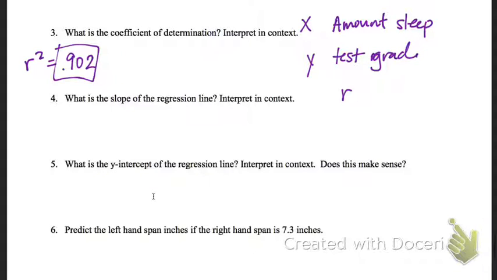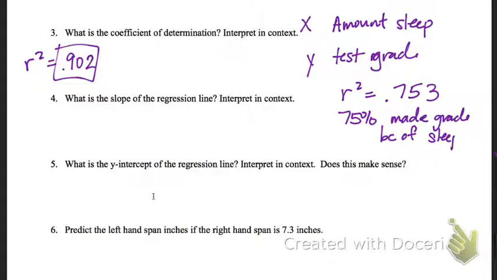And let's say that my r squared was 0.753. And I'm completely making this up, but let's say that it was 0.753. That would mean that 75% of the reason why you made that grade was because of the sleep. The other 25% could be because of why.